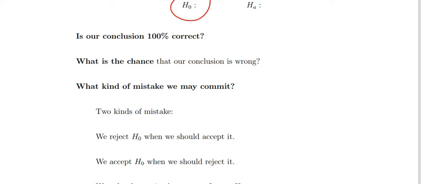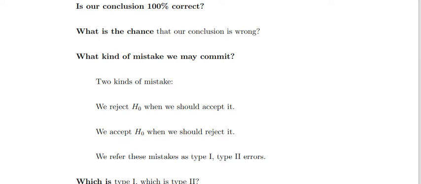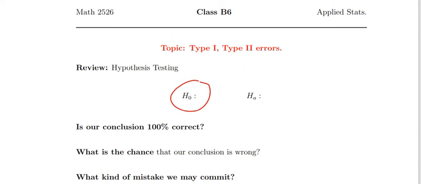So we have two kinds of mistakes. We reject H0 when we should not reject, when we should accept. And we can also accept H0 when we should reject it. We refer to these two kinds of mistakes as type 1 error and type 2 error. So today's topic is type 1 and type 2 errors.